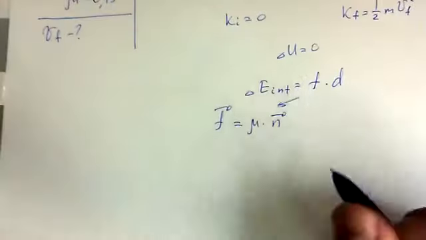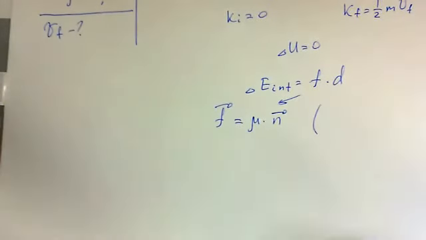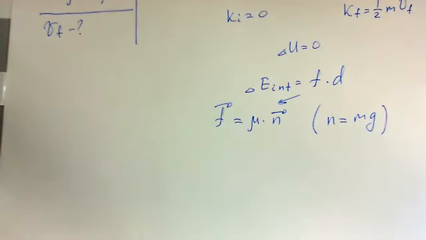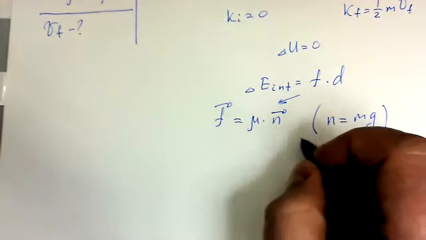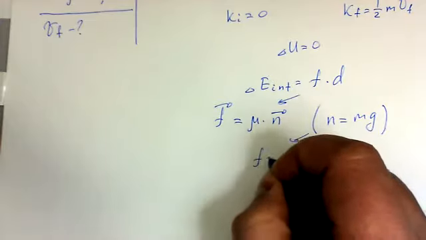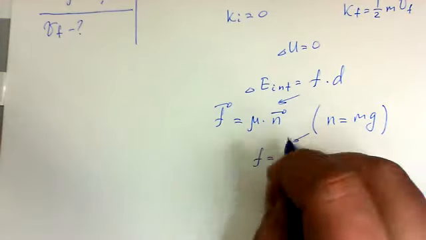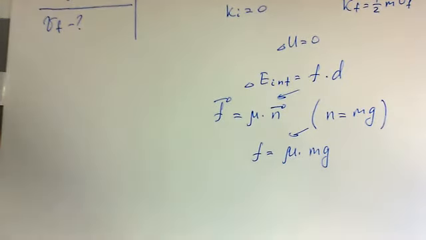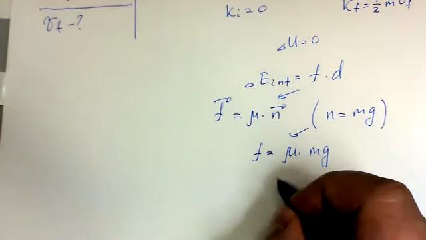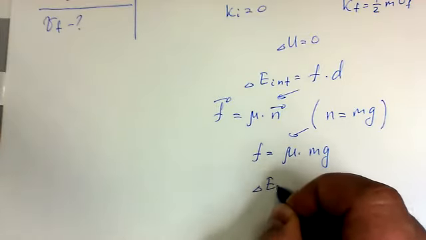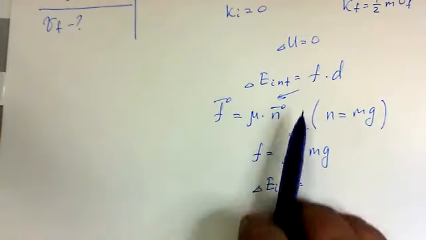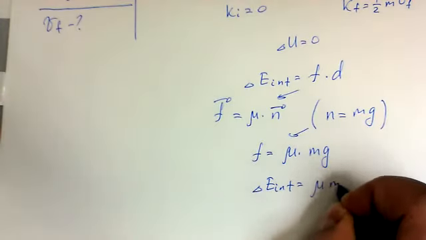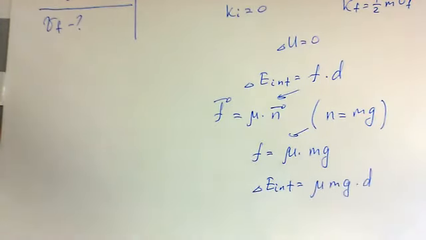Agree? So that is an intermediate statement. So N equals mg in this particular case, absolute values. So from that, we can say that the friction force absolute value equals mu times the normal force, which is mu mg in this problem. So now, taking this into account, the change of the internal energy is friction force times displacement, so it's mu mg times displacement.